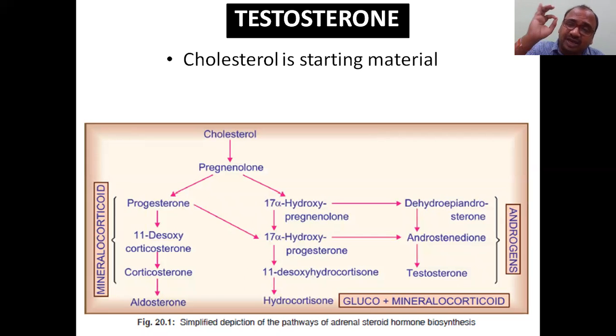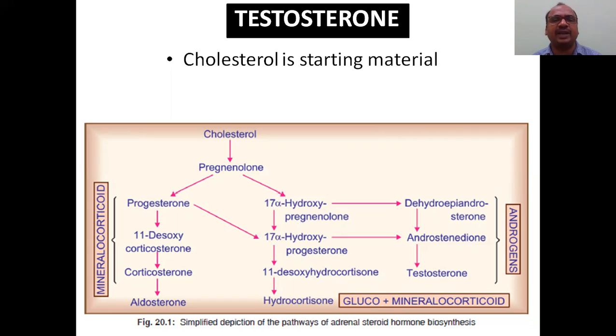Cholesterol is the starting material for all the hormones. I have already told you a number of times. Cholesterol is converted into pregnenolone. These two are the precursors. Cholesterol is the parent, the father of all hormones, androgens, all steroids. Pregnenolone, pregnant alone, like that you can remember: one lady is there, pregnant, she was in the room alone.